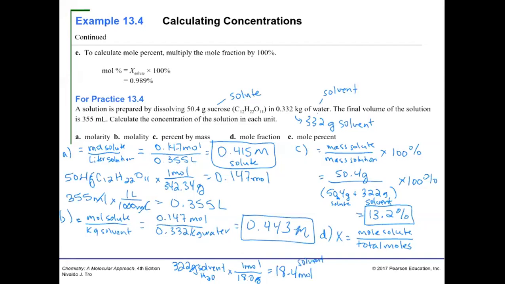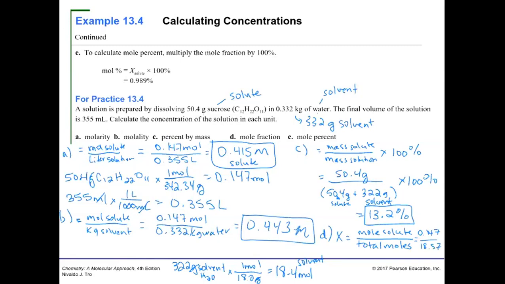So to get our mole fraction then, we had 0.147 moles of solute divided by our total moles. So we'll add the 18.4 moles of solvent plus our moles of solute. So we'll have 18.57 moles total on the bottom.